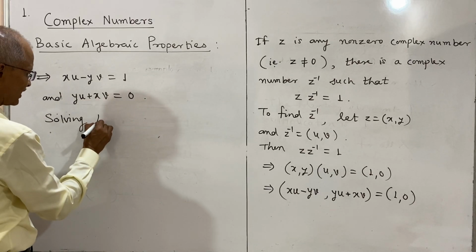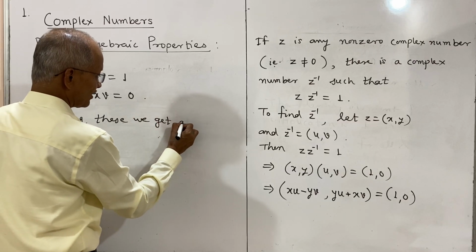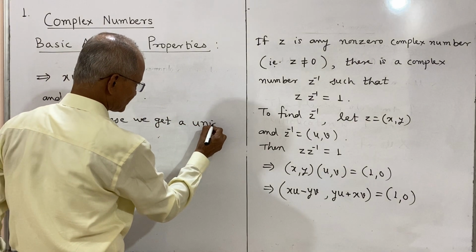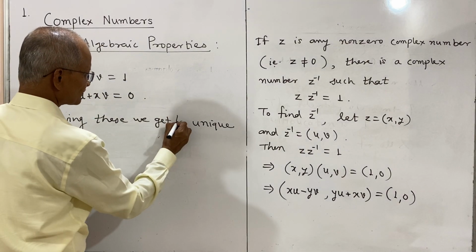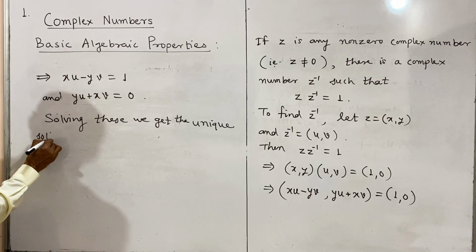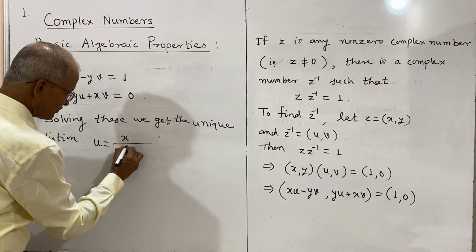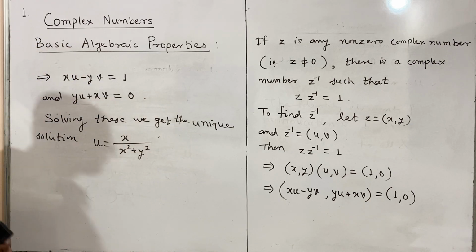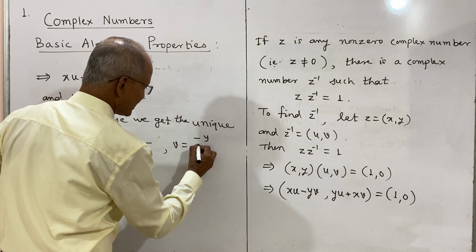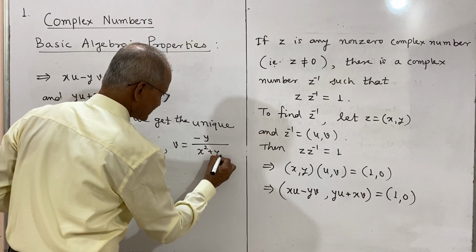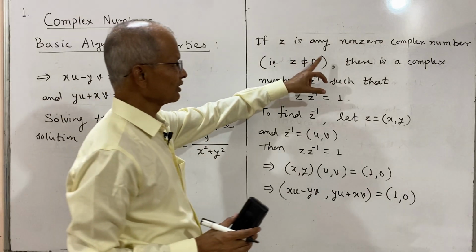So solving these, we get the unique solution u is equal to x divided by x square plus y square, and v is equal to minus y divided by x square plus y square. Obviously here x square plus y square is not 0 because z is not equal to 0.